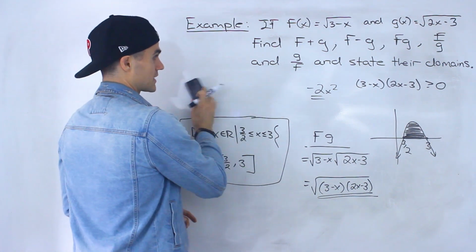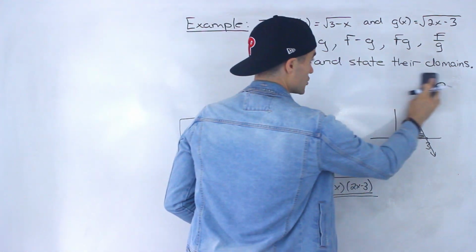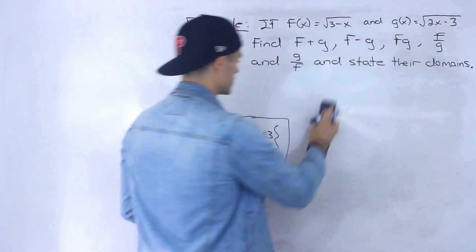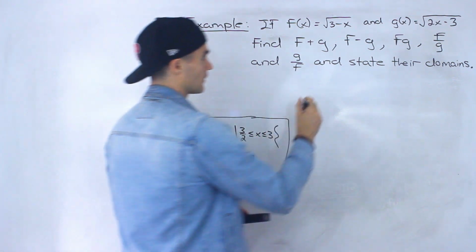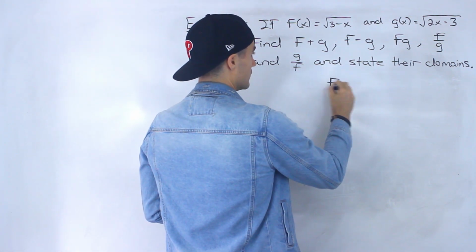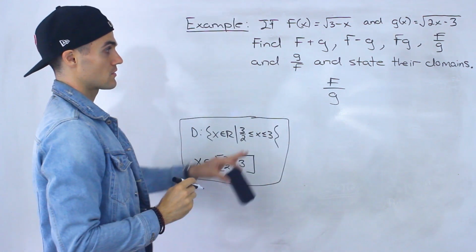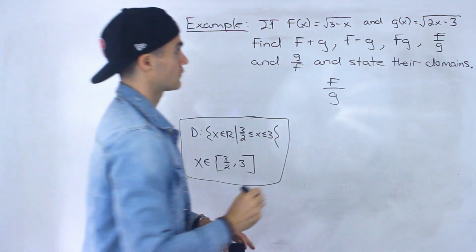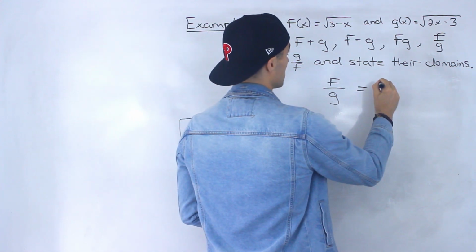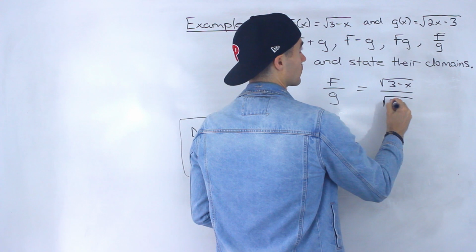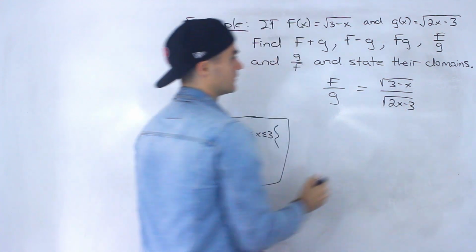Now, here's where it's going to get a little different though. F over g, and then g over f. It's not actually going to be too different, but it is going to be a little bit different. So f over g, first off, let's write the function out. It's going to be the square root of 3 minus x over the square root of 2x minus 3.